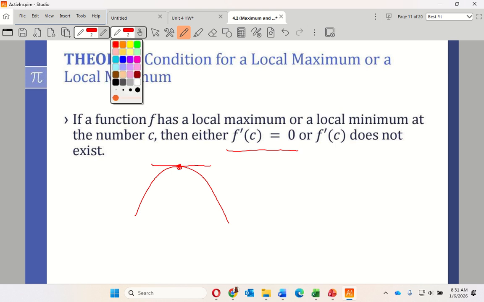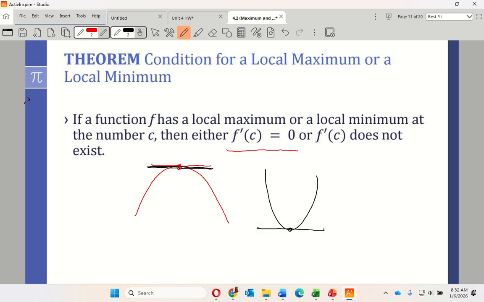Slope is going to be 0. That's like the big takeaway from all of this. The slope is going to be 0 at this point right here, and that's going to be a minimum or maximum. So regular parabola, right here, again, slope was 0.